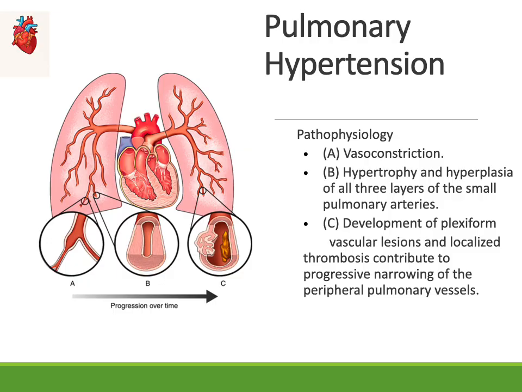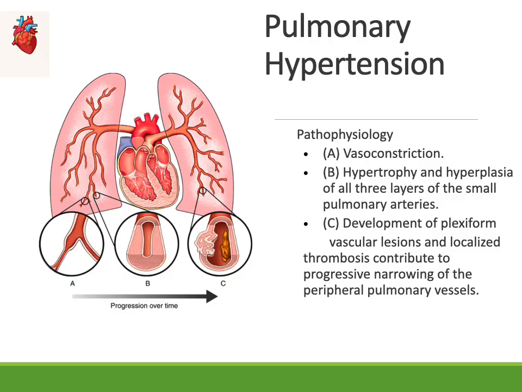We're going to look to see if pulmonary hypertension is one of the differentials. If they get into class 2, they end up having more limitation in physical activities, more dyspnea at rest.